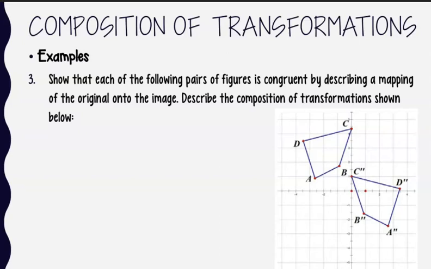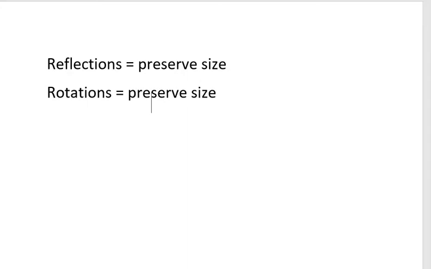All right, now the interesting thing here is this is the first time we've been asked to show congruence by mapping. So what we have to remember is that reflections preserve the size of the figure. Rotations preserve the size of the figure. And translations preserve the size.